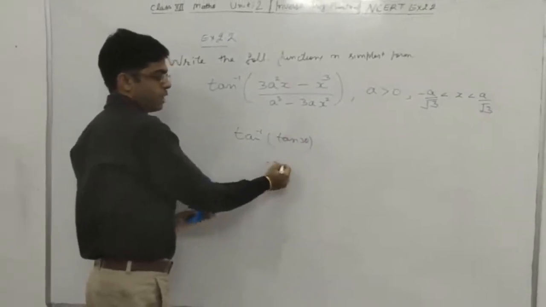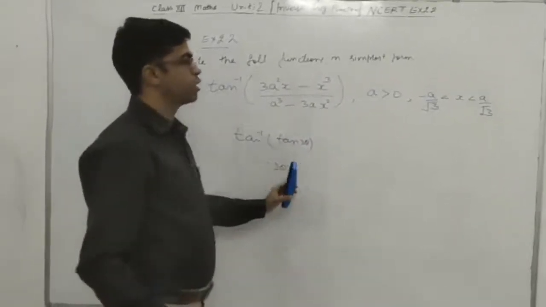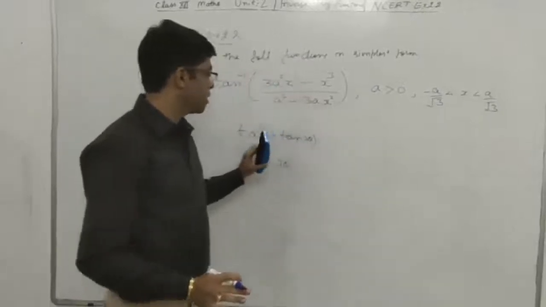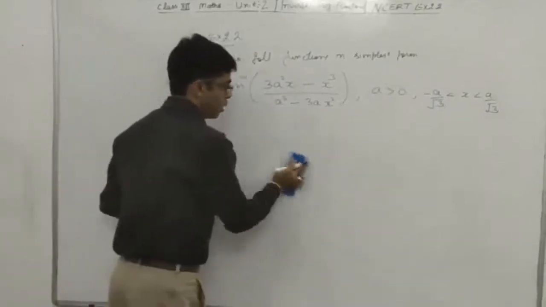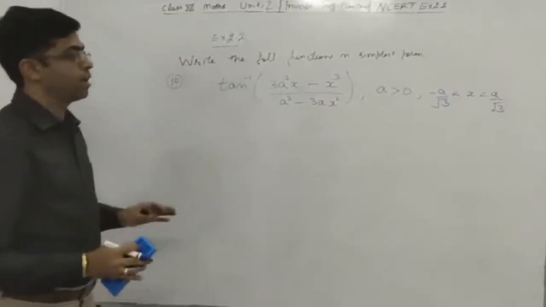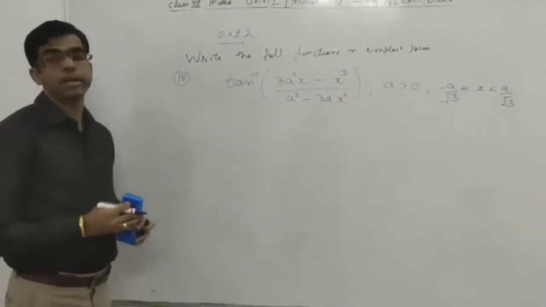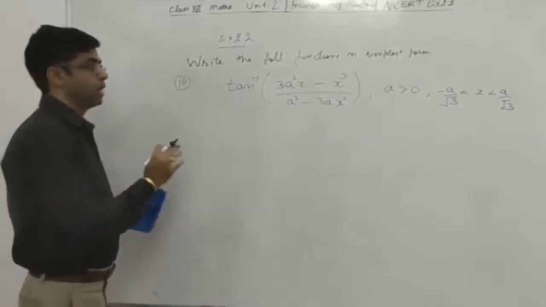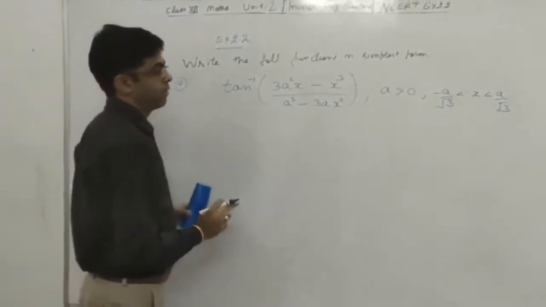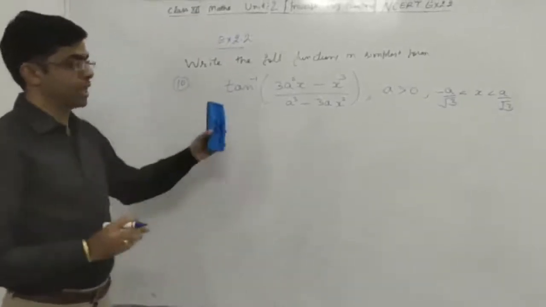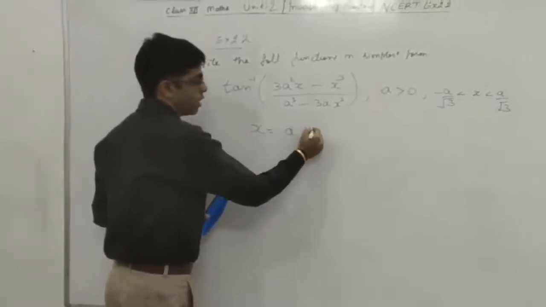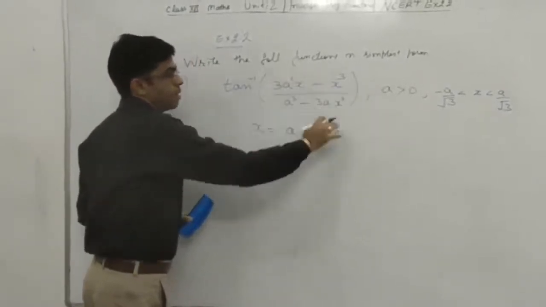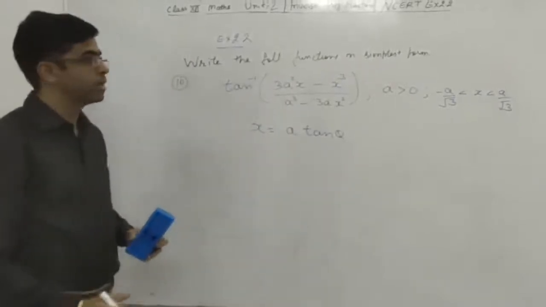So we have to check that this 3 theta lies in the principal range of the tan inverse function. If you have learned very well all the formulas you studied in class 11th trigonometry, then you can easily check this: if we put x equals a tan theta, this will become the formula of tan 3 theta.